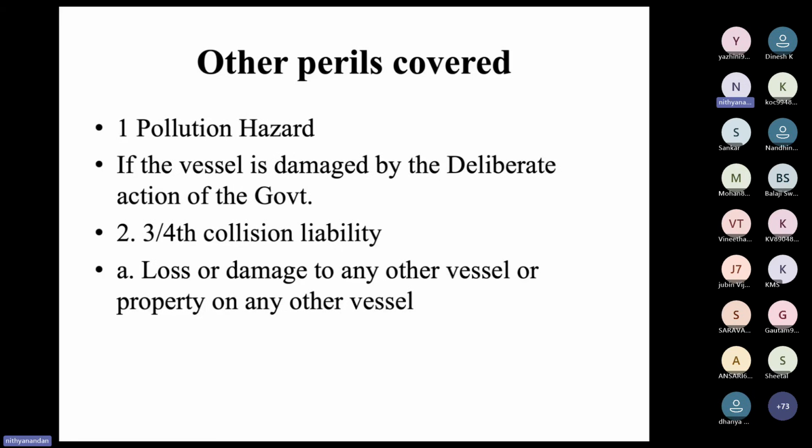Then the amount of loss is arrived. What is the liability of the particular ship is made good up to 3/4. Right? This is called collision liability. This is also covered by hull and machinery policy.